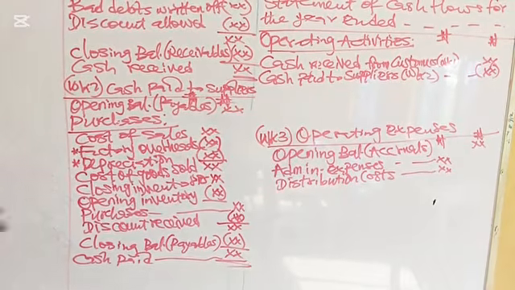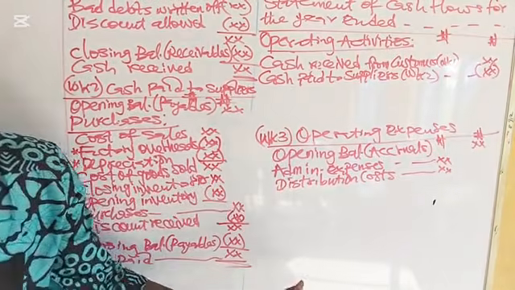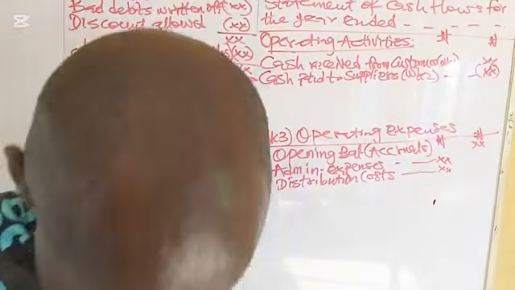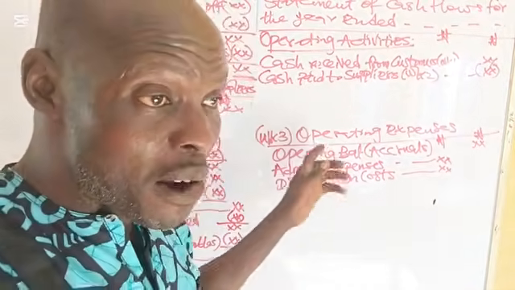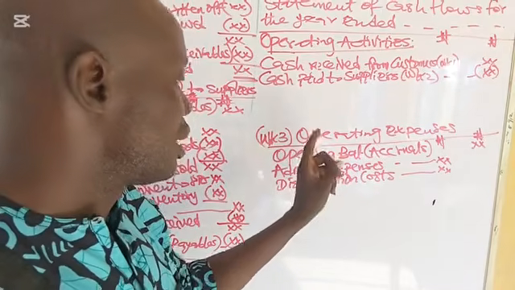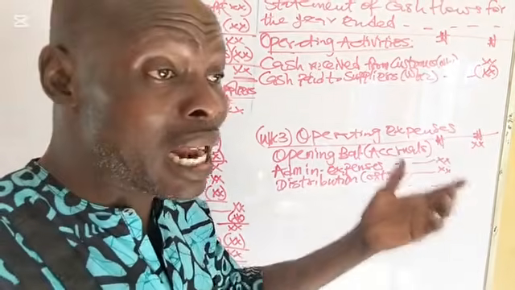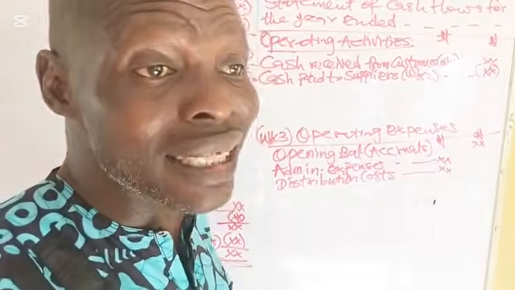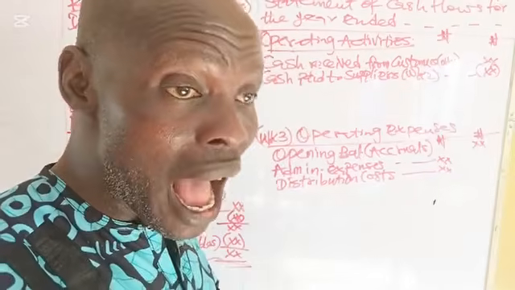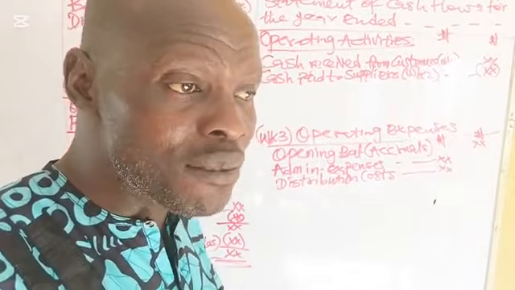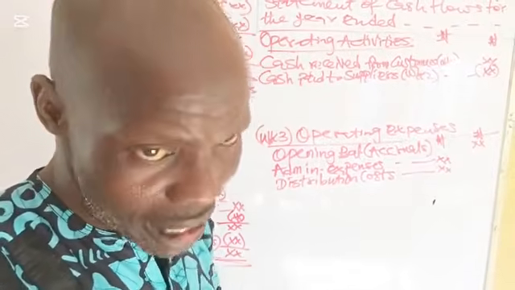Remember, these expenses were reported in line with the accrual basis, and we are converting from accruals to cash. These expenses originally contained the expenses due that have not been paid. That is accruals. Accruals are amounts due but have not been paid.